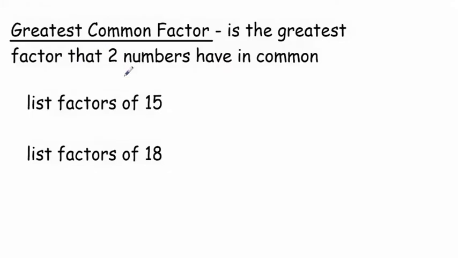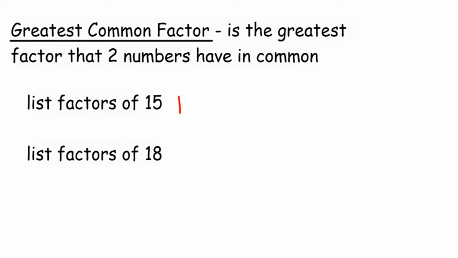Let's look at finding the greatest common factor. The greatest common factor is just what the name says. It is looking at two numbers, but I want to see what they have in common, the greatest number that they have in common. So if I look at 15 and 18, first of all, some of you might be able to do that without listing out all the factors. That's perfectly fine. That's actually really good. But if you need to list them out, that's fine too.